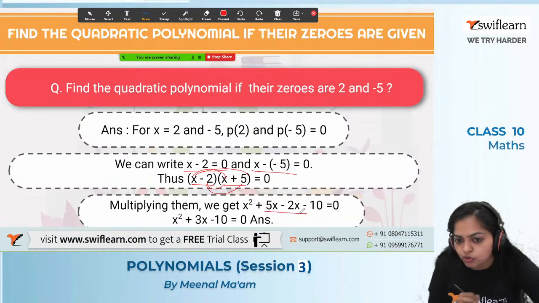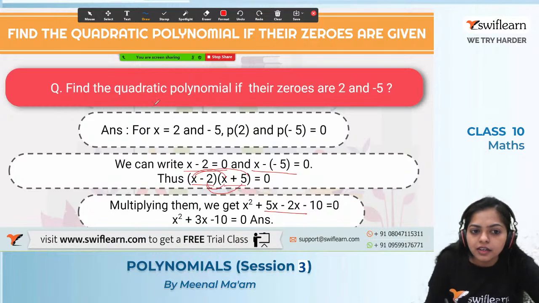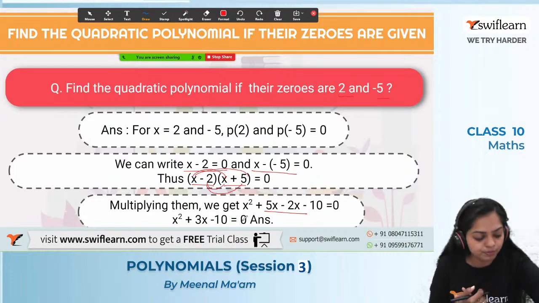Combining the middle terms, we get x square plus 3x minus 10 equals 0. So this is my answer: if the zeros are 2 and minus 5, the quadratic polynomial is x square plus 3x minus 10 equals 0. Got it, everyone?